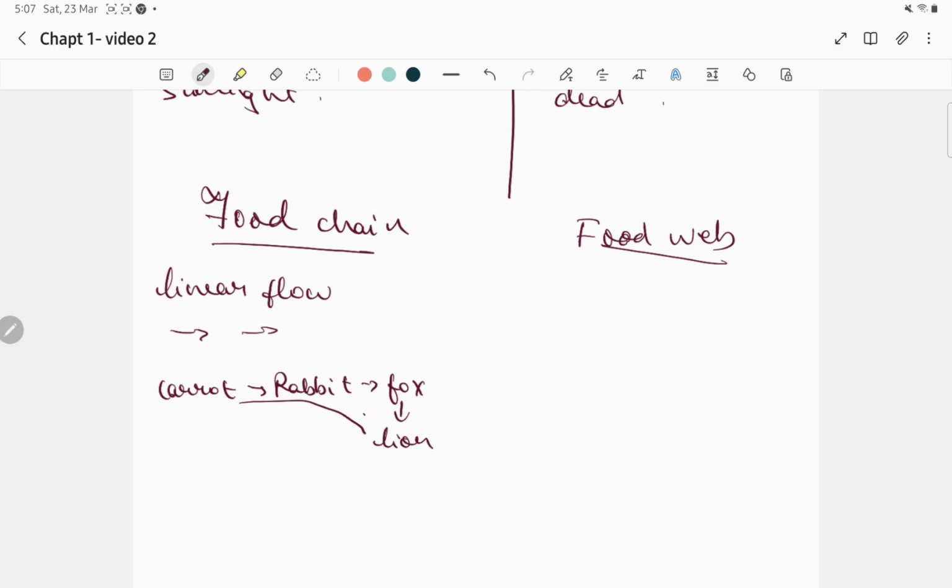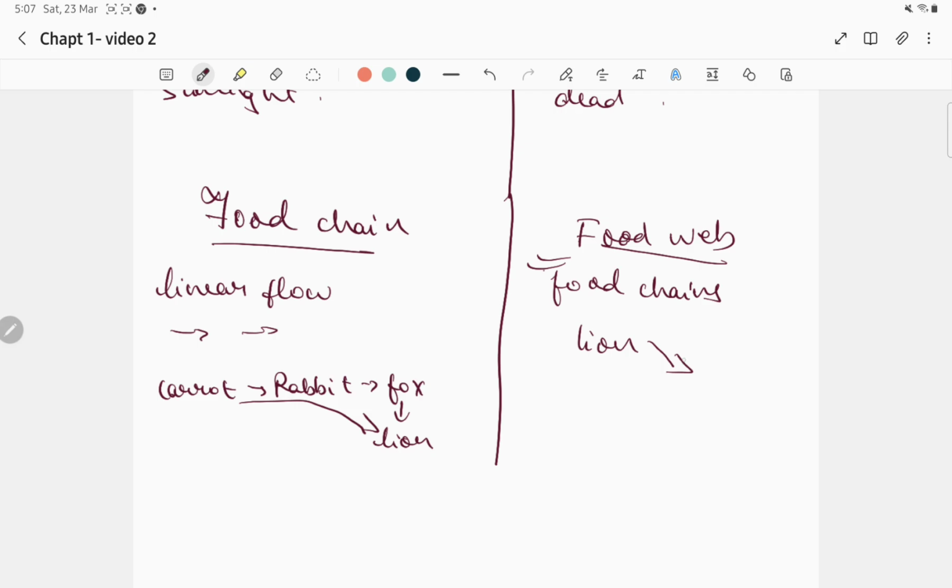So this is linear. Whereas a food web is where we can tell it's a combination of different food chains, and relationships also exist. For example, we'll take a lion. A lion can eat many organisms.